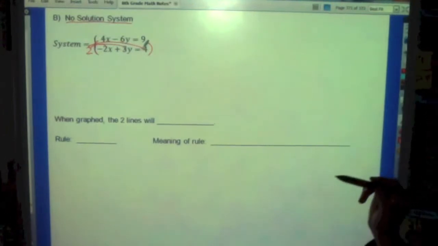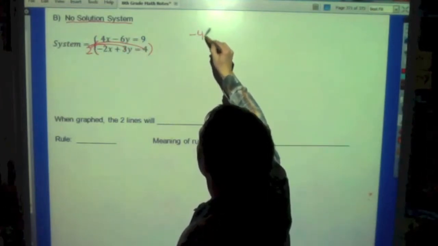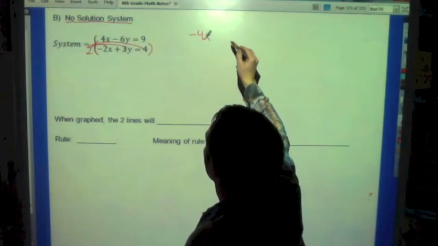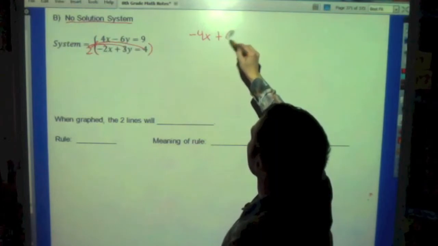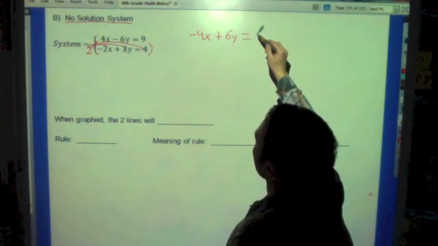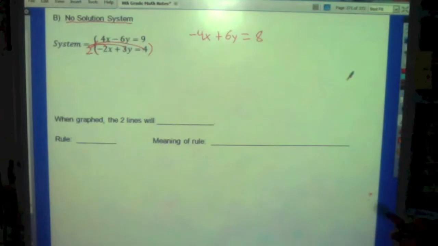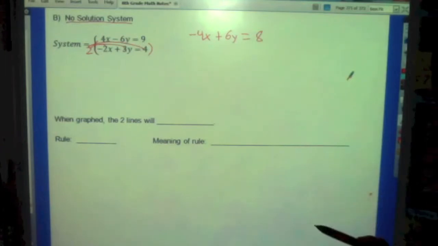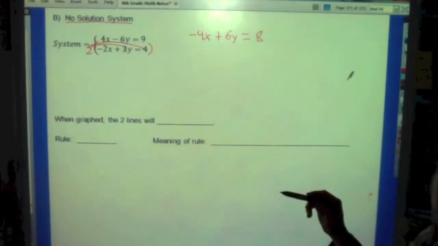When I do that, I get negative 4x plus 6y equals 8. Now I'm going to take my top equation and stack and add, putting that right underneath the new equation.